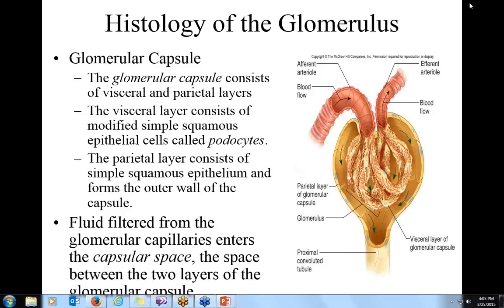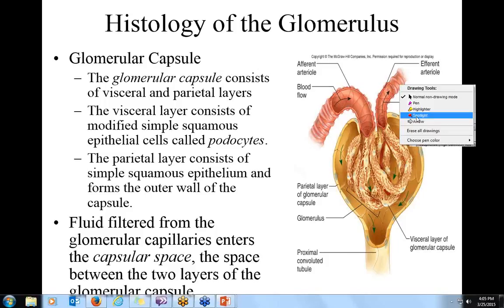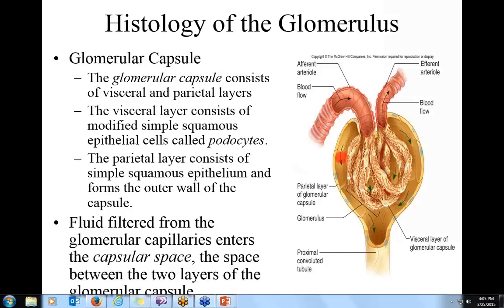Okay, the histology. So the tissues that make up the glomerulus. The glomerular capsule consists of our friends parietal and visceral. Visceral are the simple squamous, and they have podocytes.